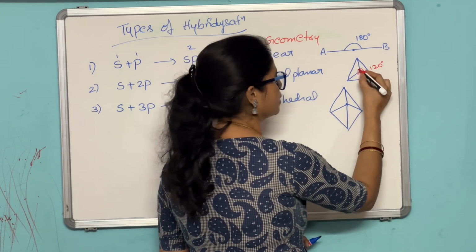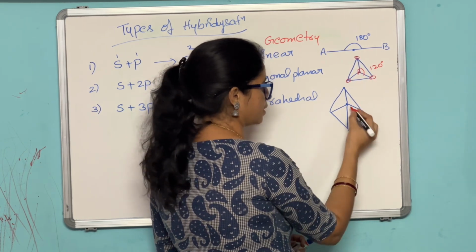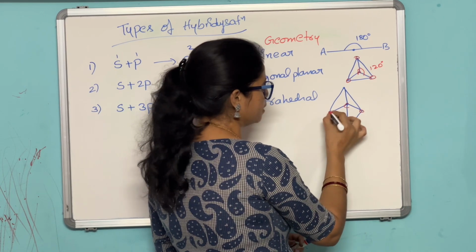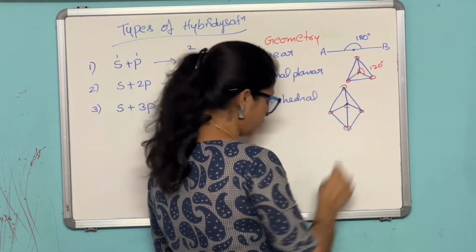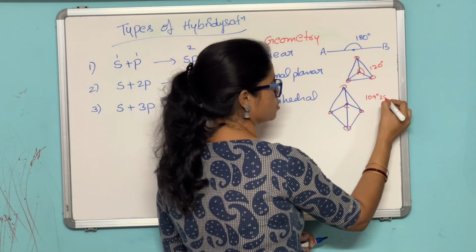Here will be the central atom and these are the surrounding atoms, with a bond angle of 109 degrees 28 minutes.